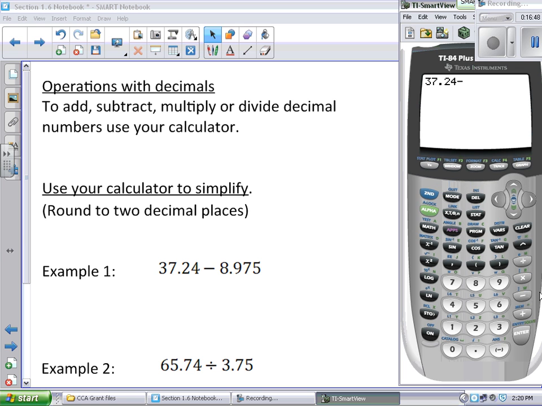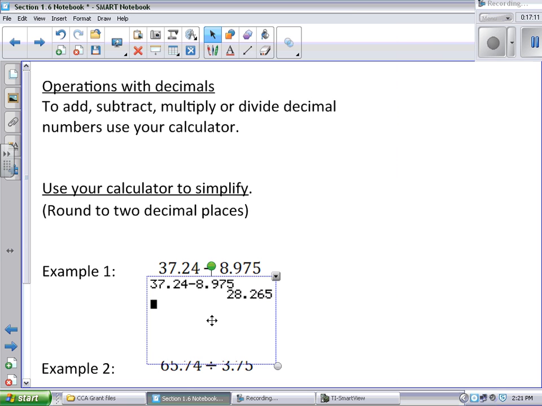Minus is one of these operation buttons along the left-hand side of the screen. If you're typing in a negative number, then you want that bottom key next to the decimal point. But this is for negative numbers, and this is for the operation of subtraction. So 37.24 minus 8.975.